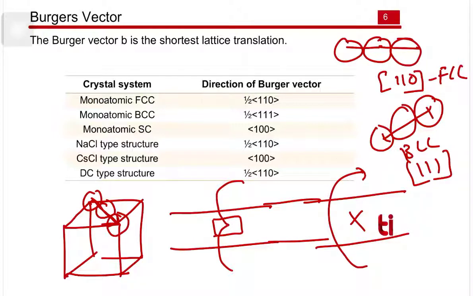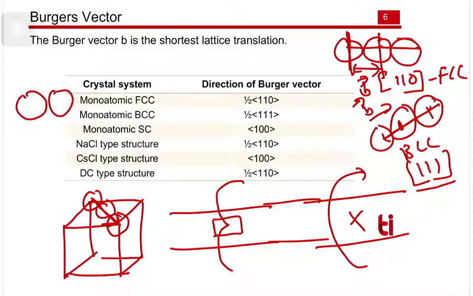The Burgers vector is basically the interatomic spacing. This is the Burgers vector in this case, and this is the Burgers vector in this case. It means half of the 111 direction in BCC, half of the 110 direction for FCC, and if you have a simple cubic, then this is a equal to 2R.